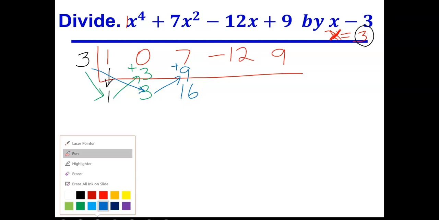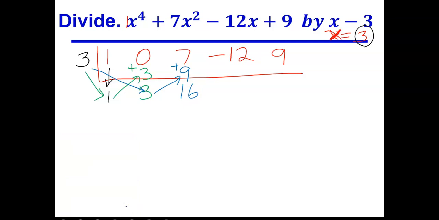Next we do the same thing. 3 times 16 is 48, and then we add, we get 36.